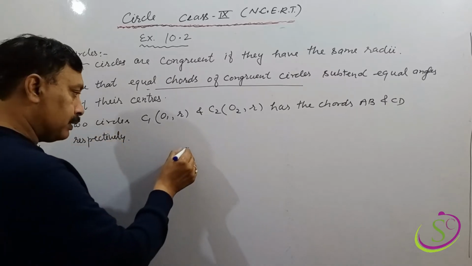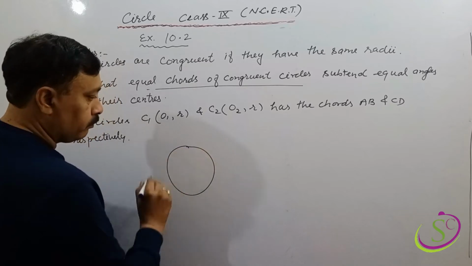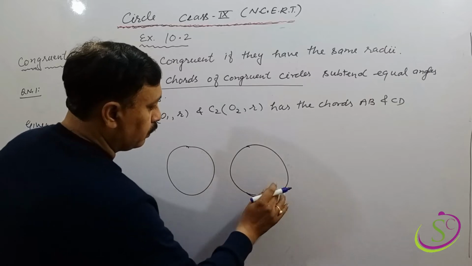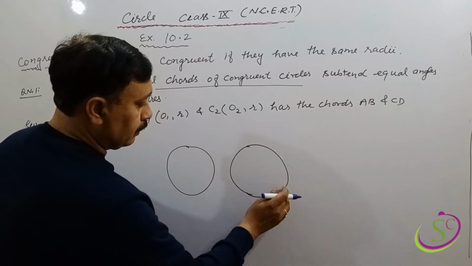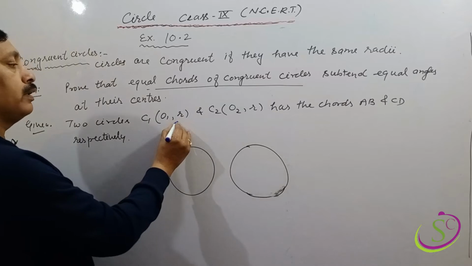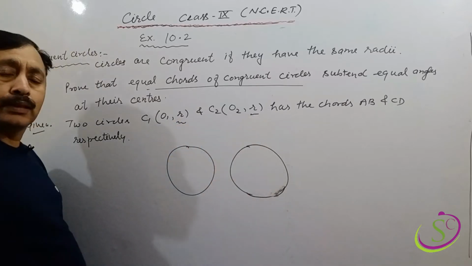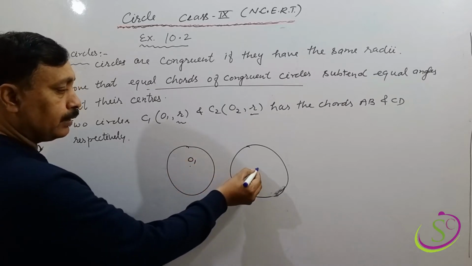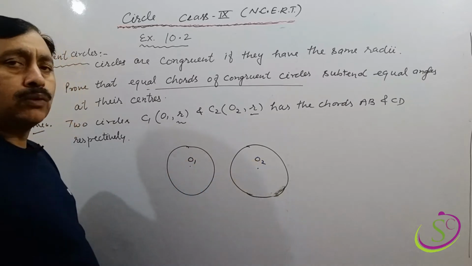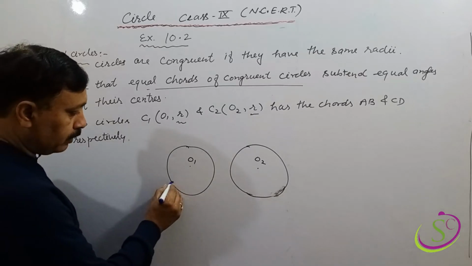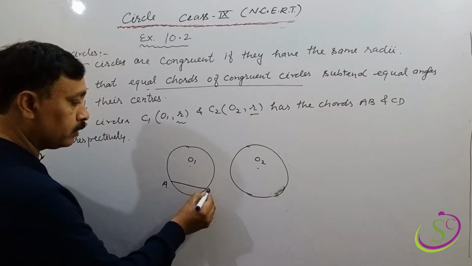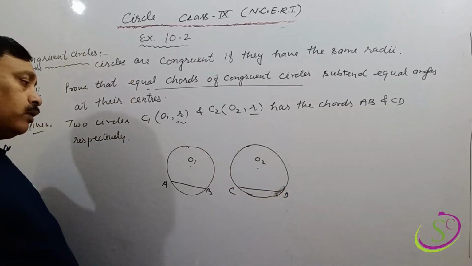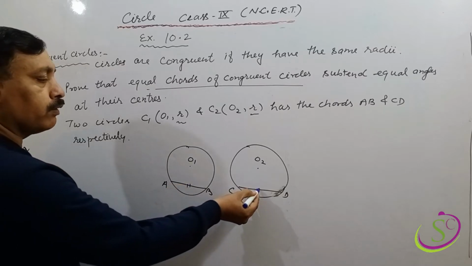Clear? One circle is this and one is this. Both are congruent circles because both have the same, equal radius. Center of this circle is O1 and center of this is O2, and the chord is AB and here is chord CD. Clear? Both the chords are equal.